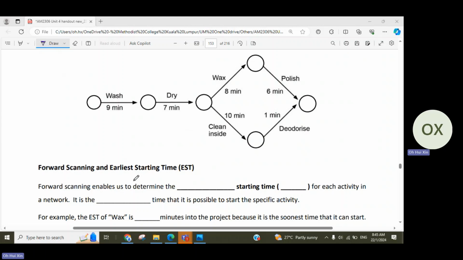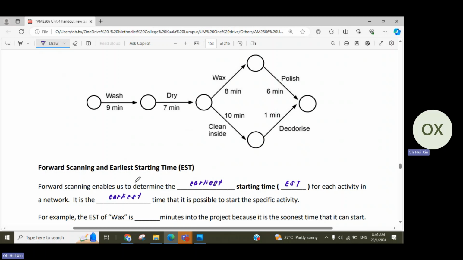So forward scanning enables us to determine the earliest starting time, which in short we call EST. So the earliest starting time for each activity in a network. This is the earliest time that it is possible for us to start the specific activity.